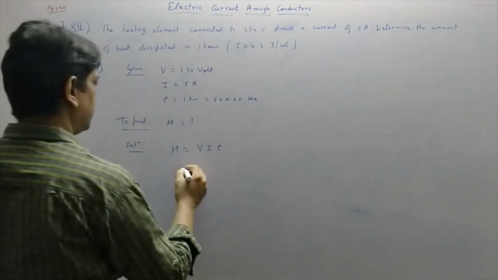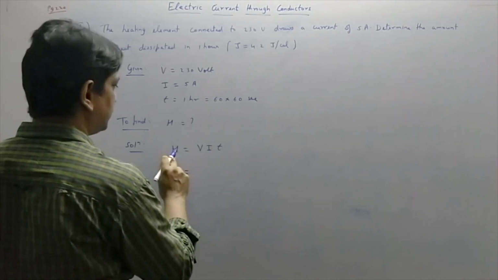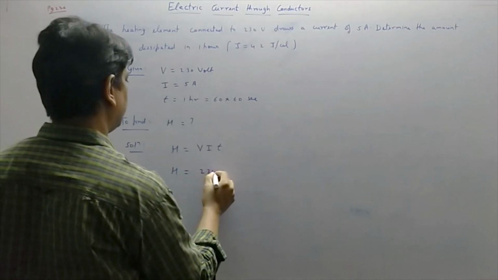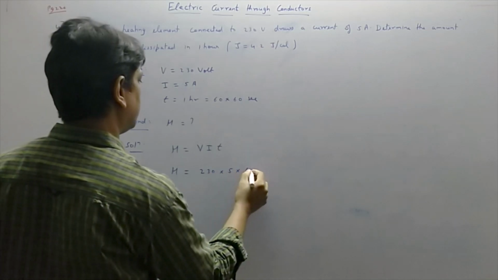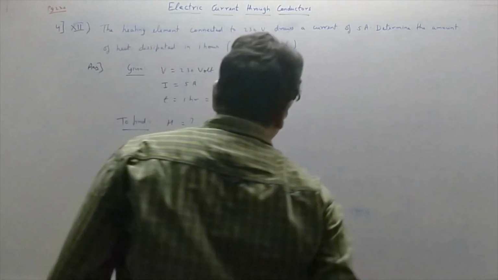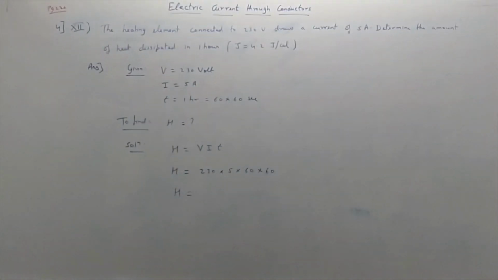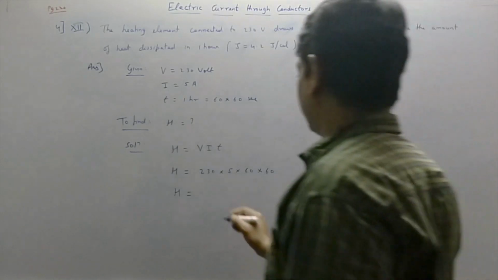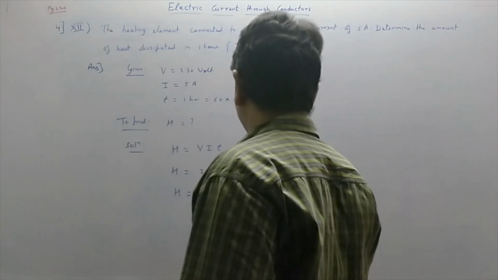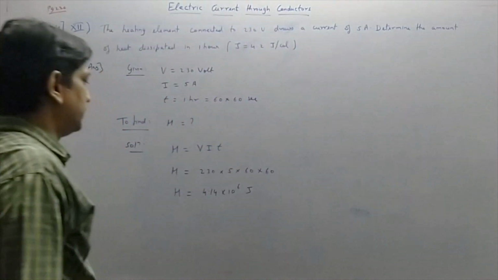Here V is 230, into current 5, into time 60 into 60. We get somewhere about 4.14 into 10 raised to 6, in joules, which is the heat dissipated in joules.